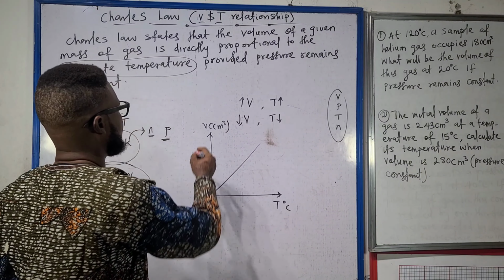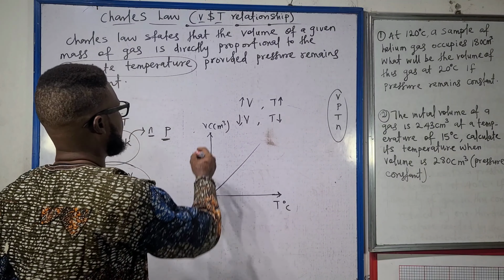So it is not true that when a gas is at 0 degrees Celsius, the gas ceases to exist, or maybe the gas liquefies or solidifies. That is not true.